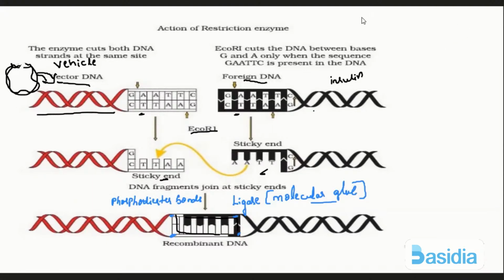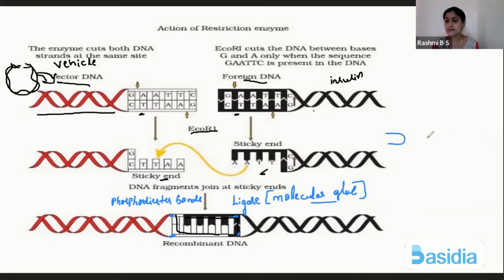Okay, see, if I use one type of restriction enzyme like SmaI to cut the vector DNA and EcoR1 to cut the foreign DNA, what will happen? One end will be blunt like this and another end will be overhanging. See, blunt end and overhanging end.